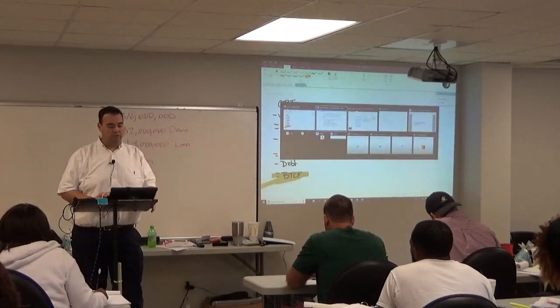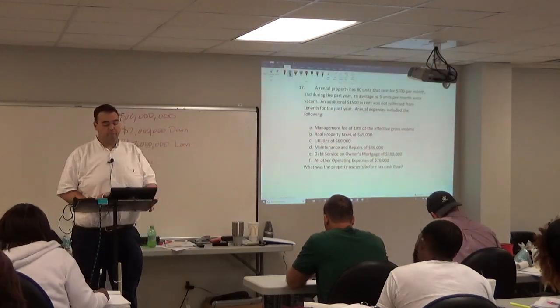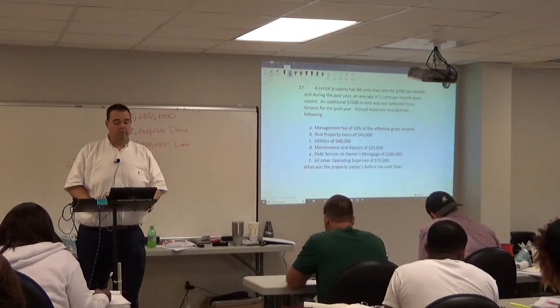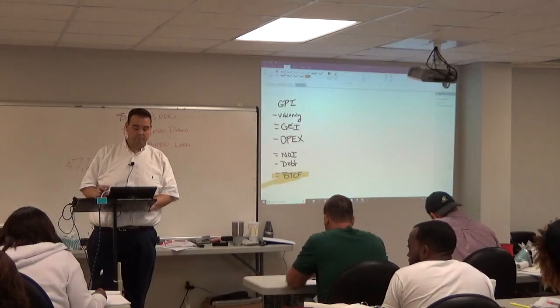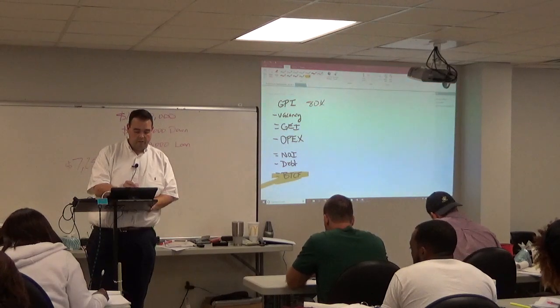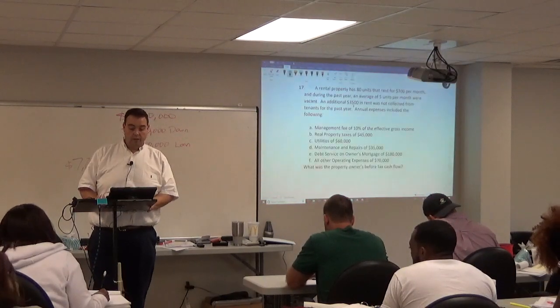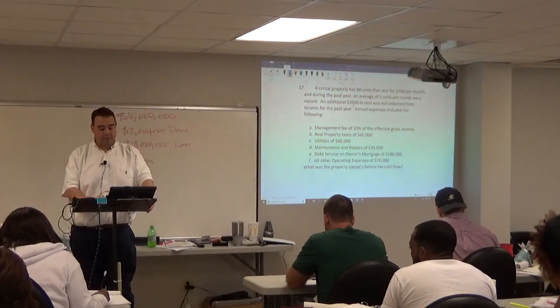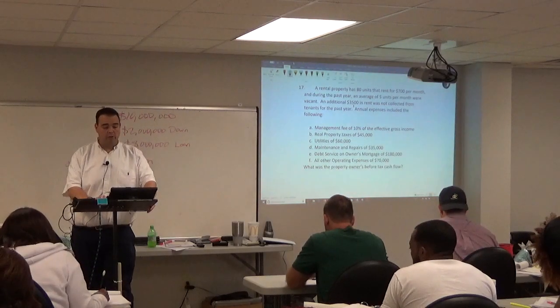Okay. So here's what they start to tell me information. 80 units rent for $700 a month. So that's just making notes for myself. 80 times how much? 700 times 12. Okay. In the past year, an average of 5 units per month were vacant.